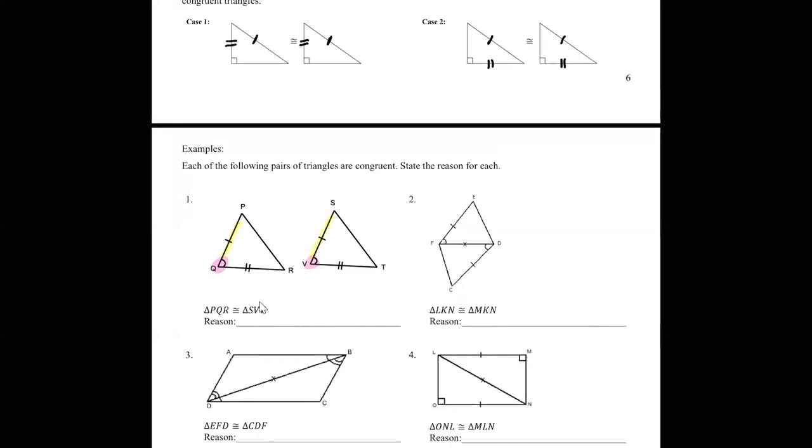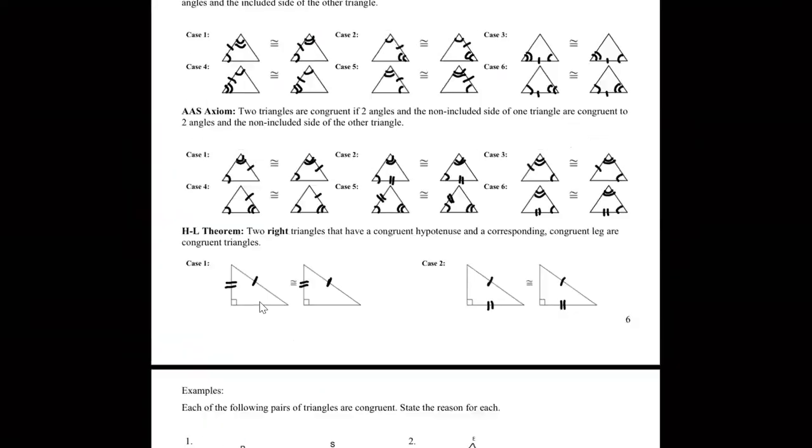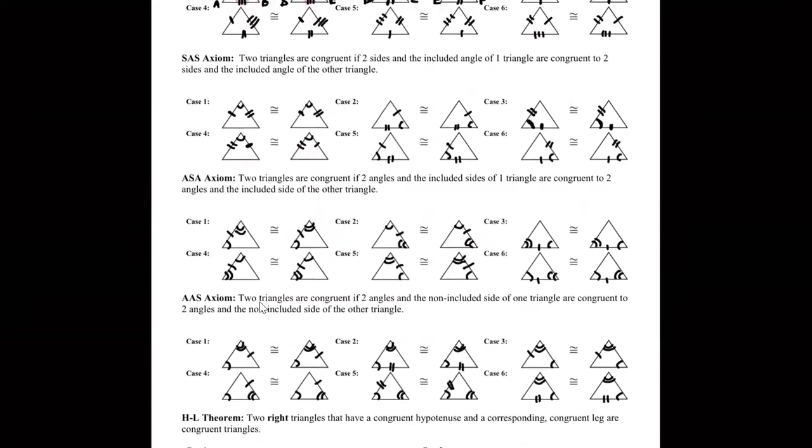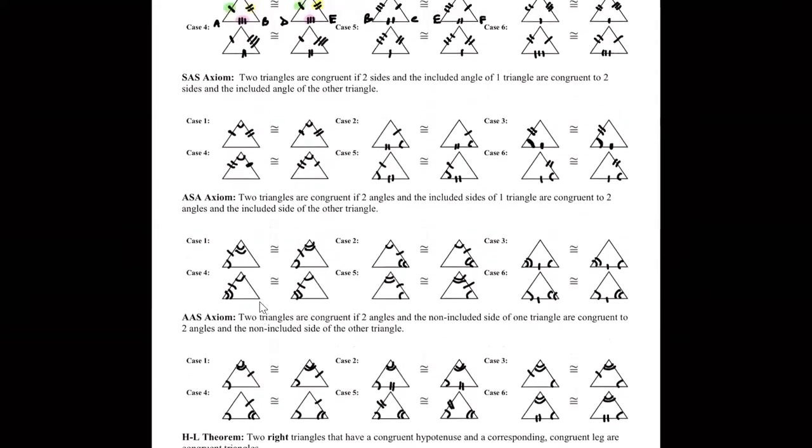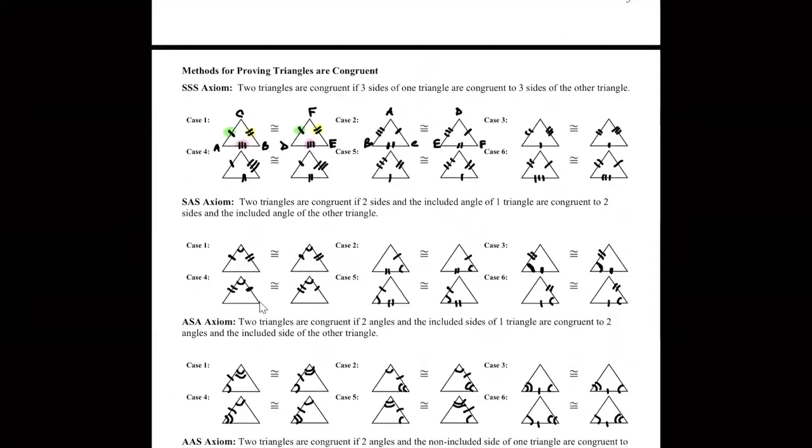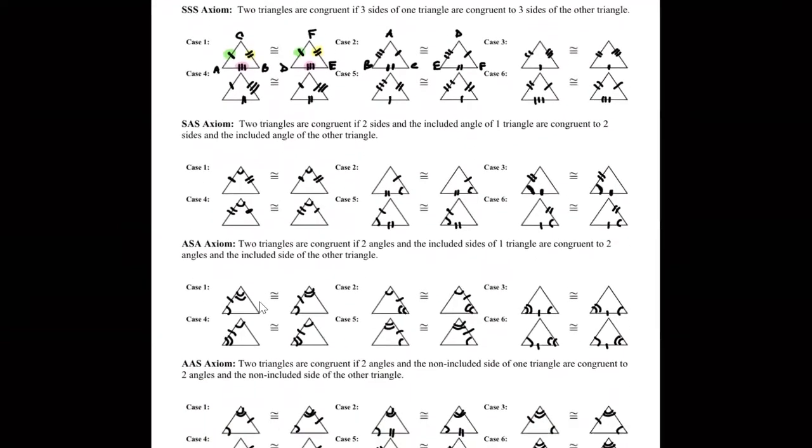So this one is congruent to this one, and this one is congruent to this one. All right, so I would look for the pattern. If I don't have an intuitive understanding yet, I would look for a pattern that feels like that. So first I'd be looking for a pattern that only has one angle in it. All right, so that's leading me to the SAS axiom area.